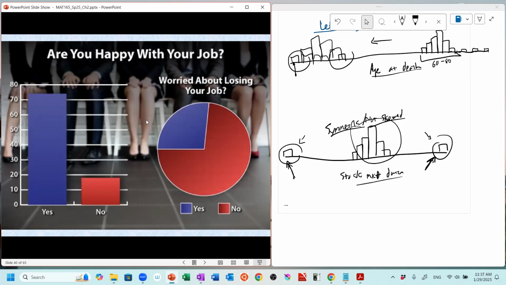So, if you're going to use colors, don't just insist on using the same color for the same answer. In this case, this is very misleading. Maybe not misleading, but at the very least confusing. Why is blue so big over here and so small over here? Just use a different set of two colors.